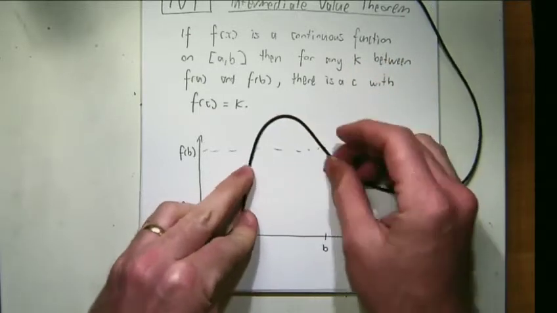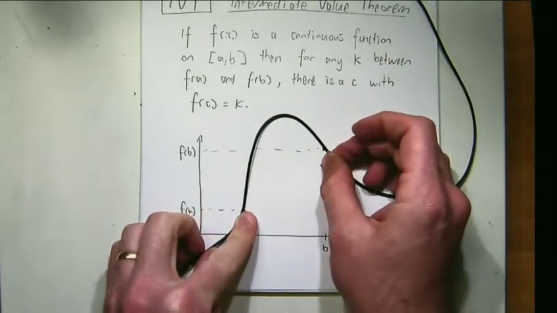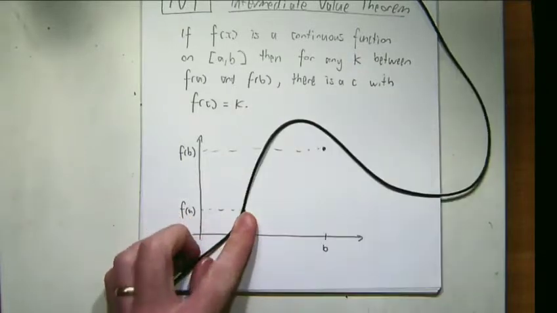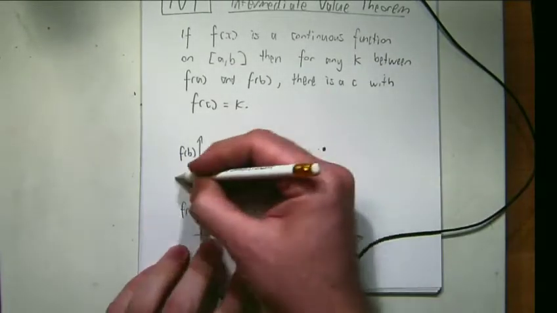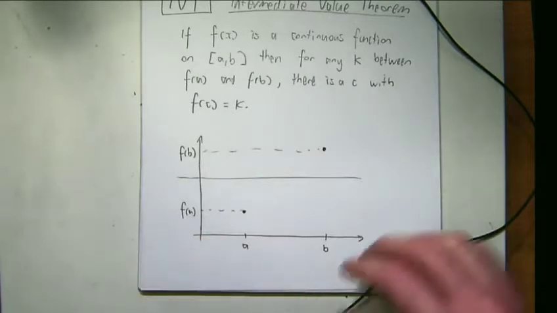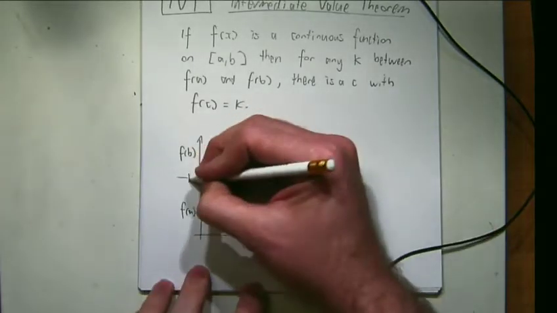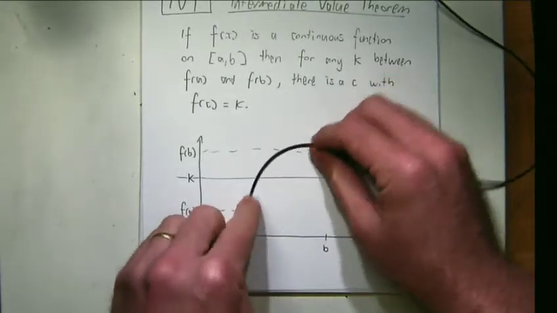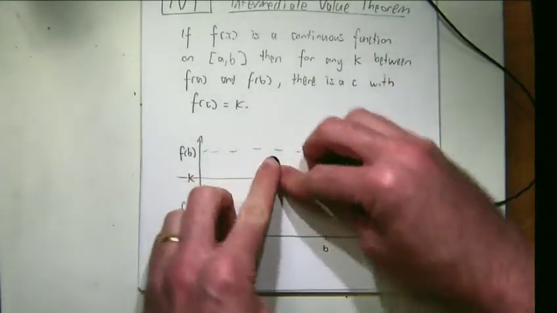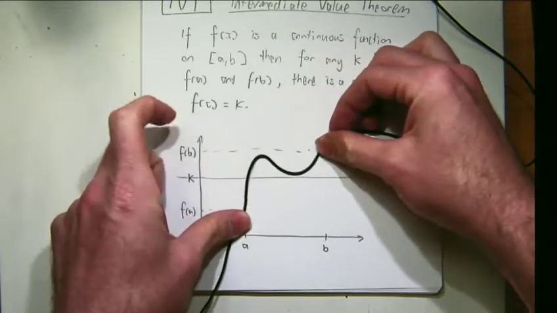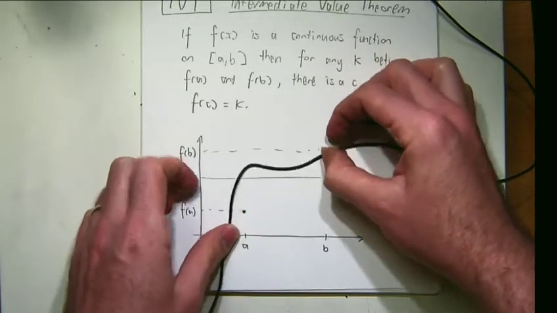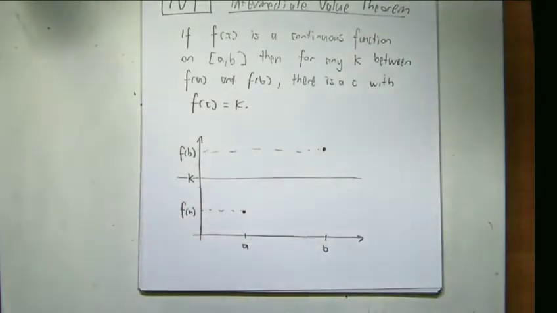It might even do this, right? No matter what shape it is, as long as it's continuous, it will pass through any horizontal line somewhere in between f of a and f of b. Even if it's got kinks, it doesn't have to be differentiable. It can be any shape at all, and it will pass through the horizontal line. That's what the Intermediate Value Theorem says.